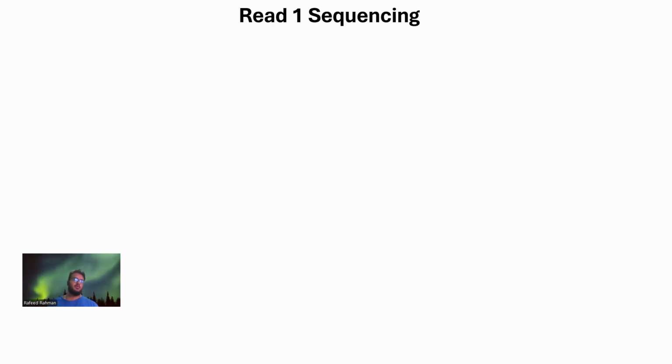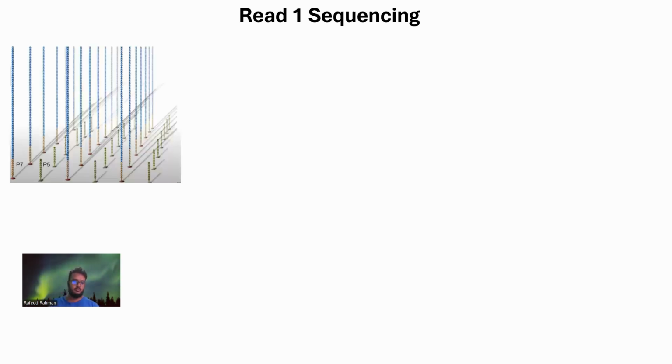So now we could have called it forward strand or forward reads, but we don't want to call that because we don't exactly know which strands are read 1, which strands are forward reads, and which strands are reverse reads. We just know that forward or reverse reads all will be attached to the P5 location. So let me just show you this image.